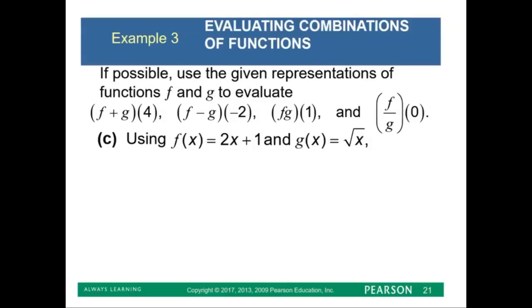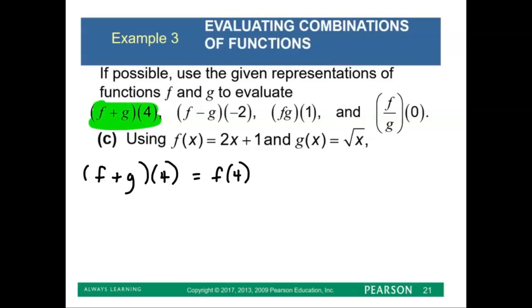Okay, and so here, let's evaluate using these functions. Let's find (f + g)(4) here. So (f + g)(4) equals f(4) plus g(4). So to find f(4), I'm going to go to my function f, and I'm going to replace x with 4.